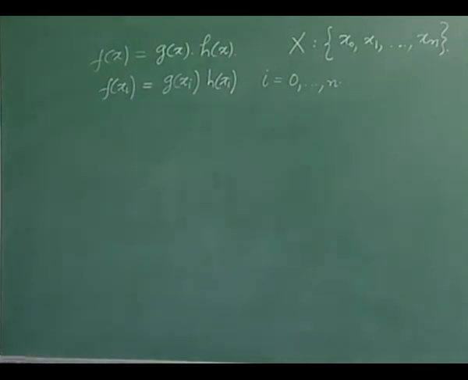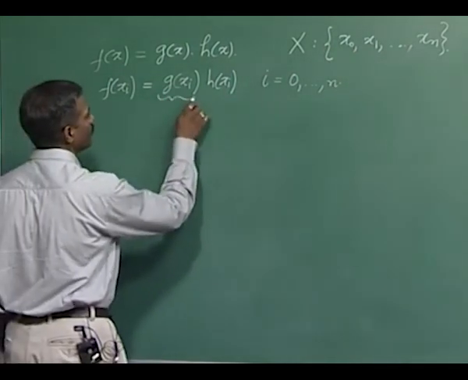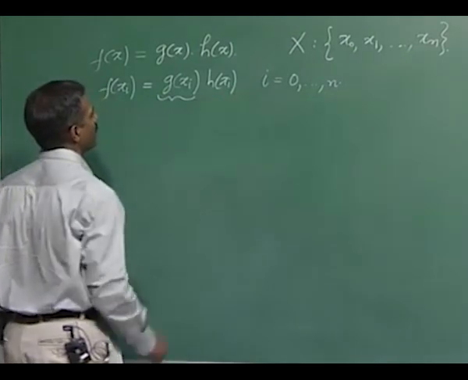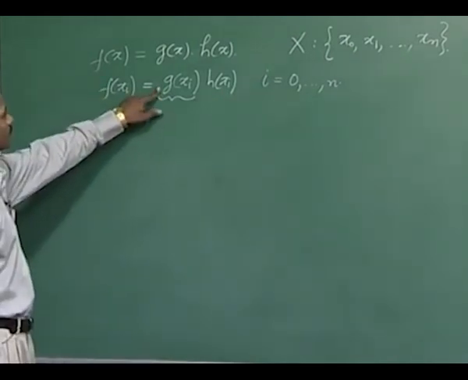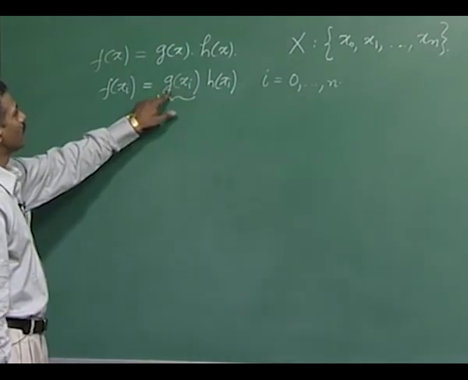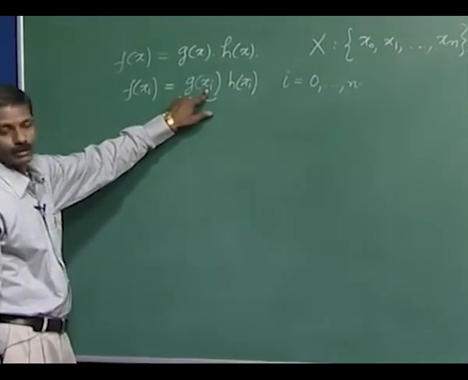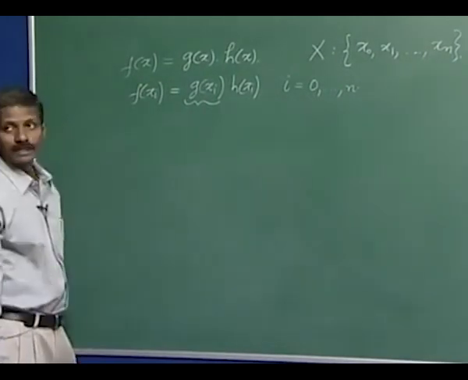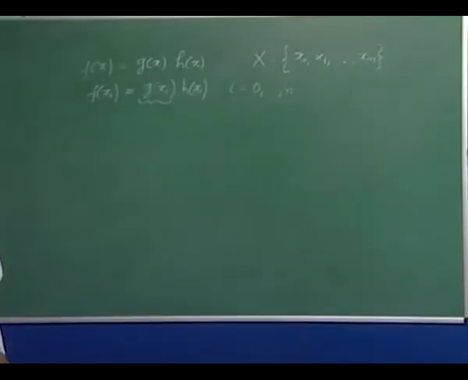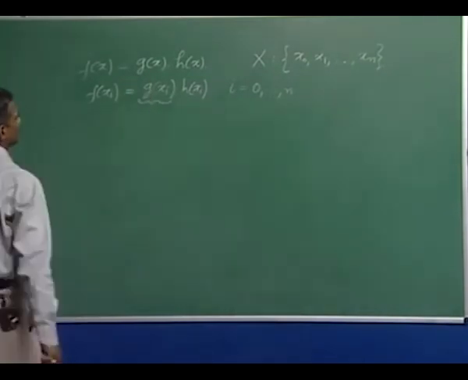Let's start using some tricks. What this statement would mean is that there would be n plus 1 values of g(xi) available to us. Using that, let's try to construct a degree n polynomial to represent g(x).